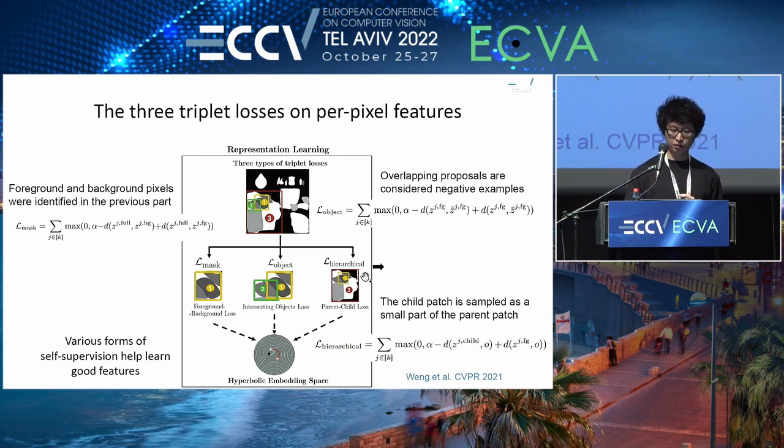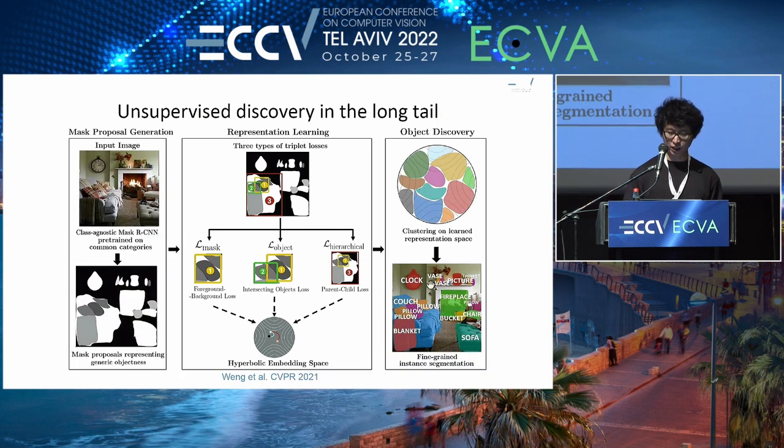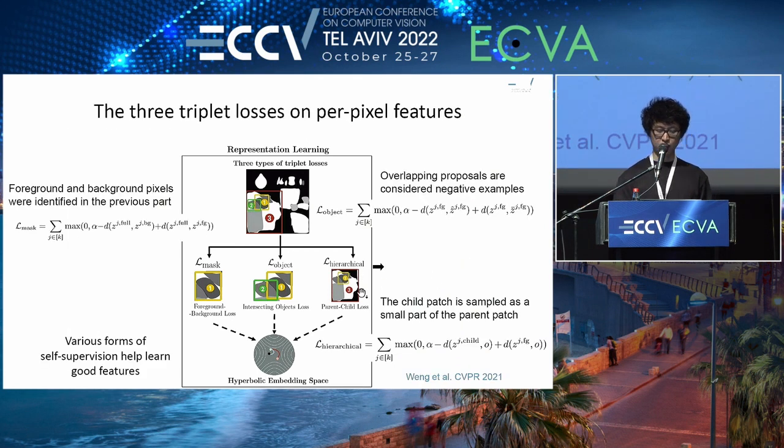And then far away patches, for example, in this image, a vase or a clock or a fireplace, should sit very far in hyperbolic space, with the intuition that they belong to a different hierarchy. And then the same thing with this intersecting object loss. If we have overlapping proposals, generally they may represent different objects, so we should push them apart.